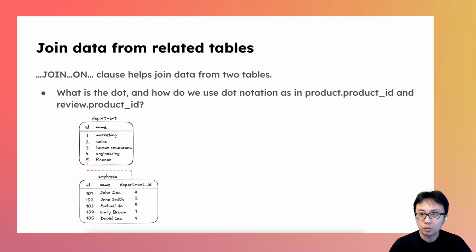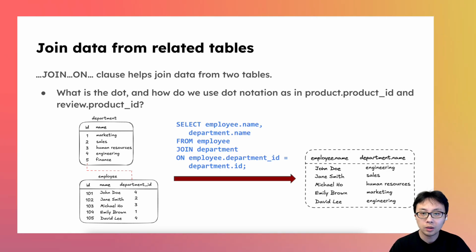So the query that gets the job done properly will look like this. Select employee.name, department.name from employee join department on employee.departmentId equal to department.id. The id in the department table is the primary key, and its corresponding foreign key in the employee table is named departmentId.